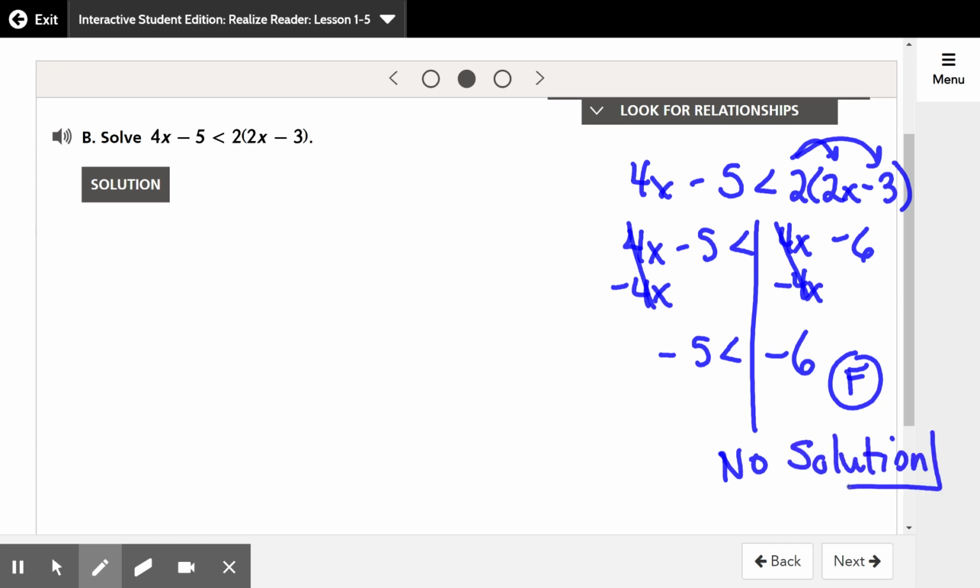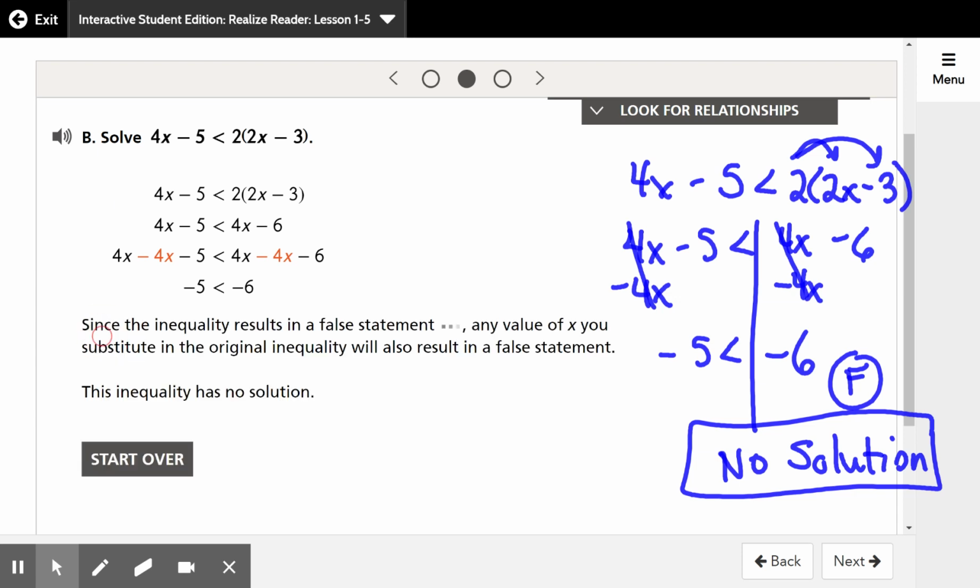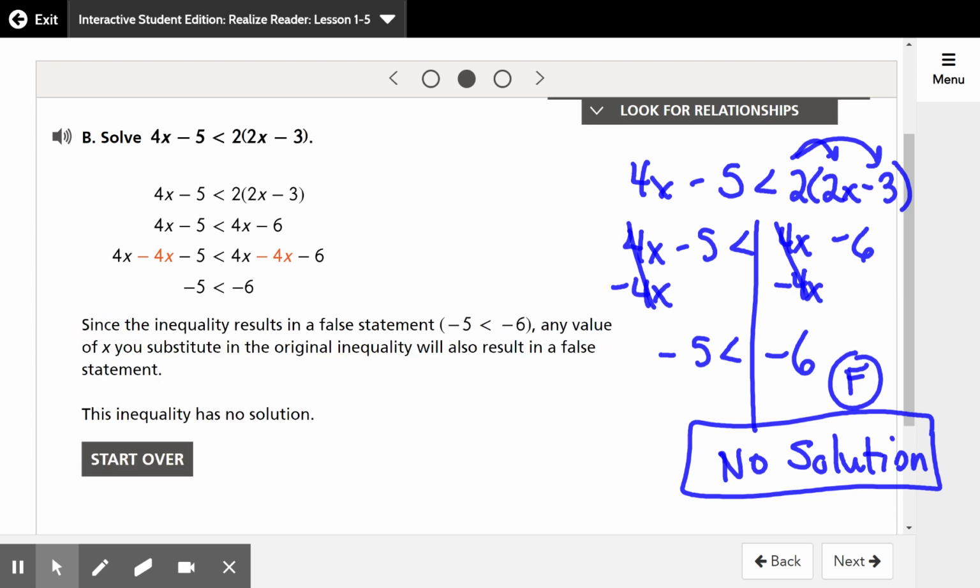That means no matter what x you choose, whether it's 10 or negative 2.7, you're never going to get a true statement. So there is no x that works for this. Since it results in a false statement, any value of x you substitute into the original inequality will also be a false statement. So this inequality has no solution.